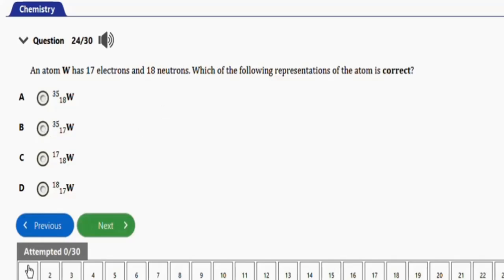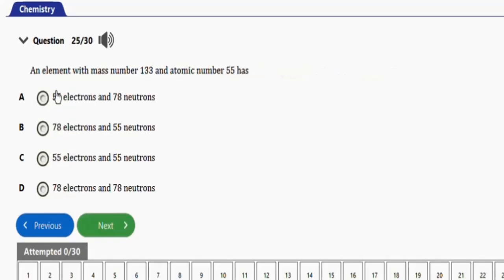The next question will be this one. It says an element with mass number 133 and atomic number 55 has, so yeah, this atomic number is a proton number, right? So it's going to have 55 electrons, because the number of protons equals the number of electrons in neutral atoms.